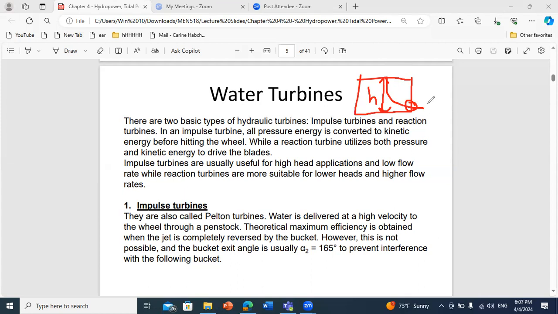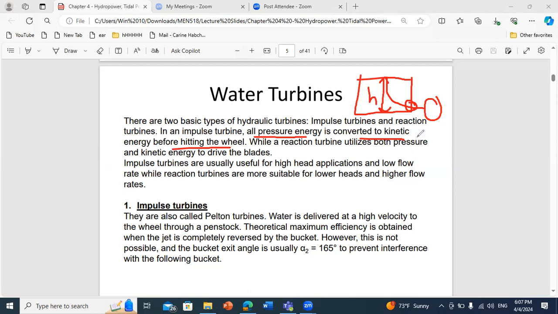Now, we have turbines in which, when the water hits the turbine, we have systems such that at the inlet, all pressure energy is converted to kinetic energy before hitting the wheel. So in this case, you just have conversion of kinetic energy to rotate and produce mechanical energy of rotation.